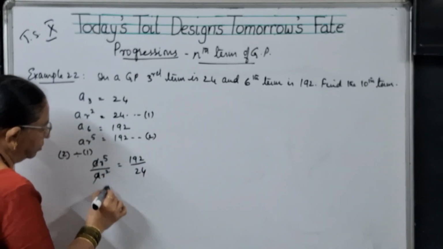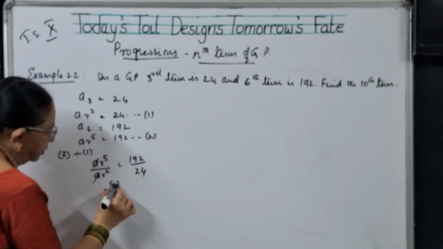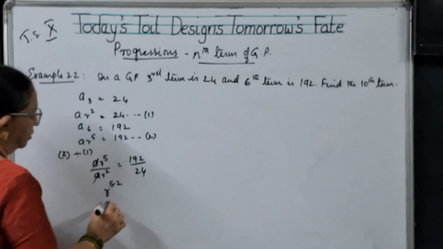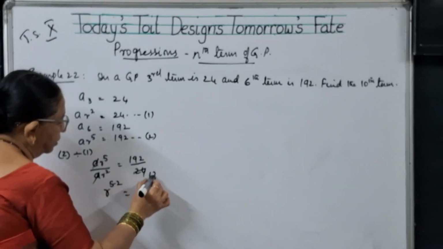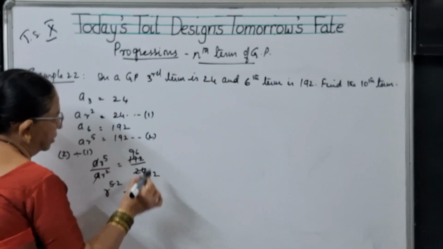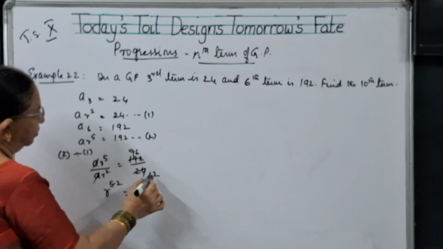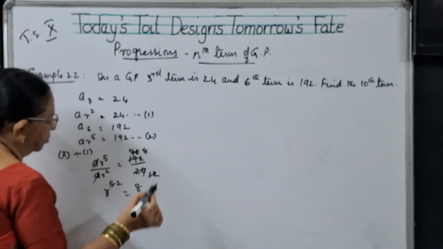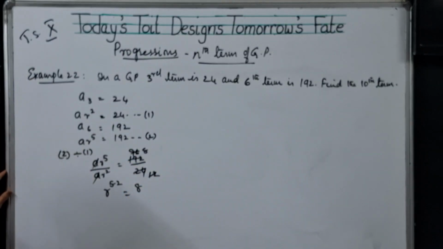That means r to the power of 5 minus 2, because bases are same and divided, powers should be subtracted. This is equal to 192 by 24: 2 ones are 2, 2 nines are 18, 2 sixes are 12, 8 twelves are 96. So you are getting r to the power of 5 minus 2 is 8.